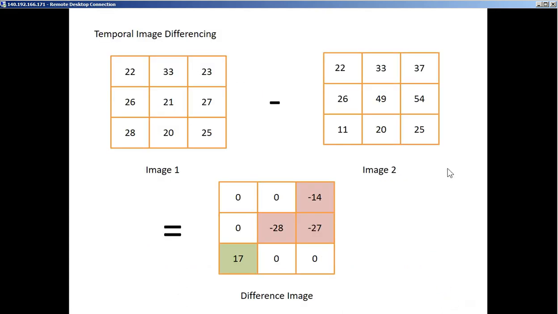So here's a typical image differencing. You have to remember, these are always done on the same channel. You have one date and you're working with one channel, and your other image, your older image, in this case image 2. So you have image 1, the newer image, and image 2, the older image, both in the same channel.